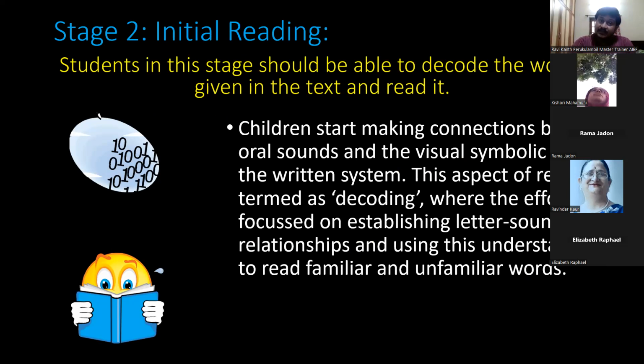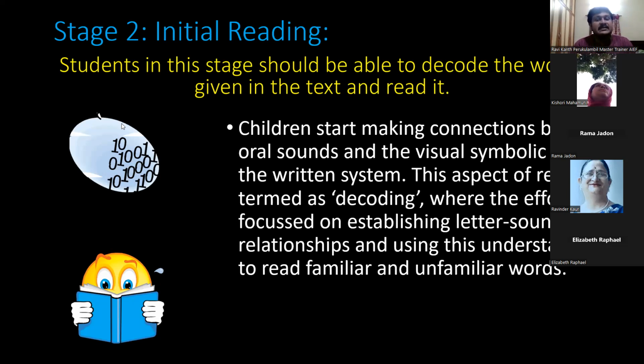Now, in this second stage, children start making connections between oral sounds and the visual symbolic form of the written system. For example, in nursery, if we introduce them to phonic sounds and show the letter along with the particular phonic sound, they draw a connection between the sound and the letter.